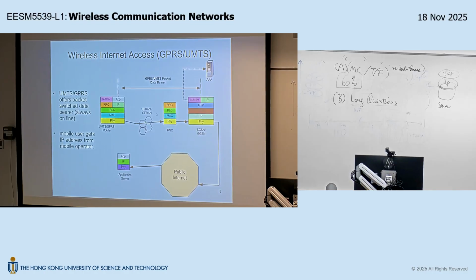First of all, if you look at the TCP layer in a fixed line internet, this is a server. So when TCP was designed or invented, it was for the fixed line internet.